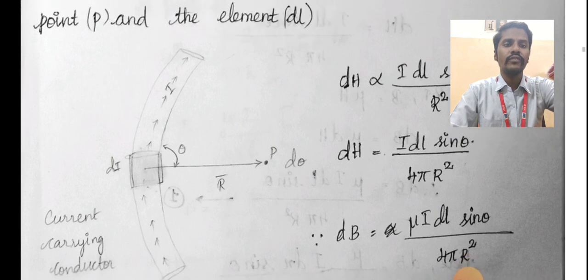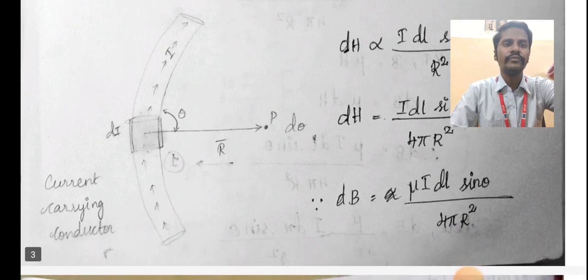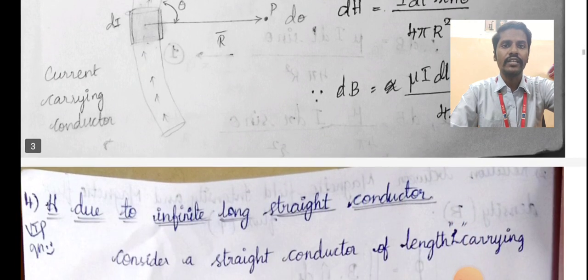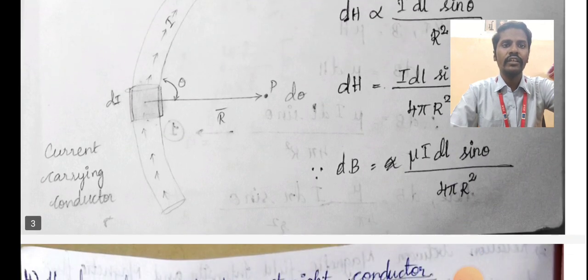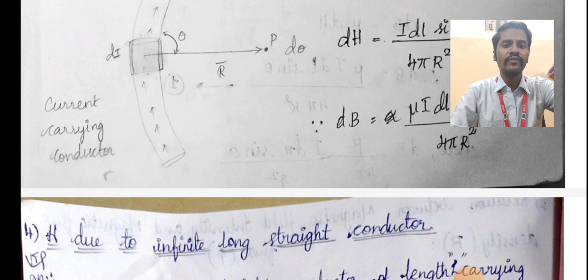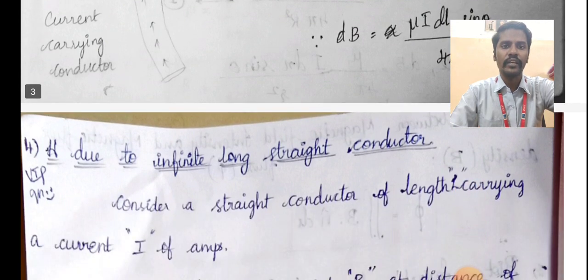The constant is 1 by 4 pi. To find dB, the relation between B and H is B is equal to mu into H, so multiplying the above equation by mu, dB is equal to mu I dl sine theta divided by 4 pi r square. Using this Biot-Savart's law equation, we are going to derive the magnetic field intensity for an infinitely long straight conductor. That is the next topic.